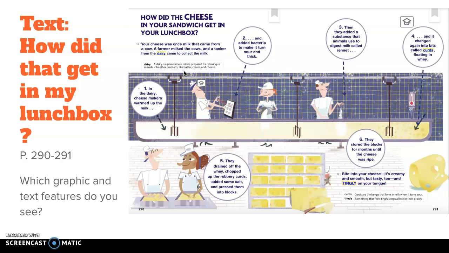So our text is, How Did That Get in My Lunchbox? Last time, one of the pages we read explained the process for how cheese gets into our lunchbox. Remember, your cheese was once milk that came from a cow. A farmer milked the cows, and a tanker from the dairy came to collect the milk.